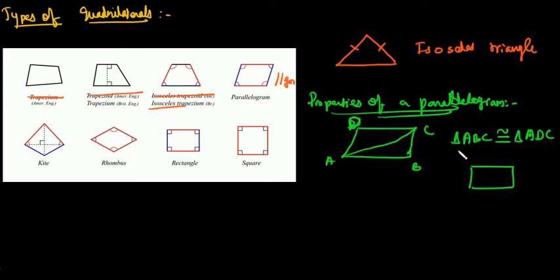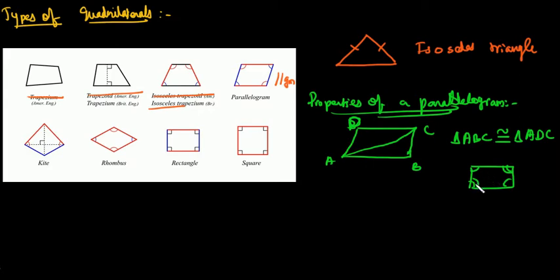In a parallelogram opposite angles are equal, so this angle is equal to this angle, and this angle is equal to this angle. They didn't say these two adjacent angles are equal; opposite angles are equal. If each pair of opposite angles of a quadrilateral is equal, then it is a parallelogram.